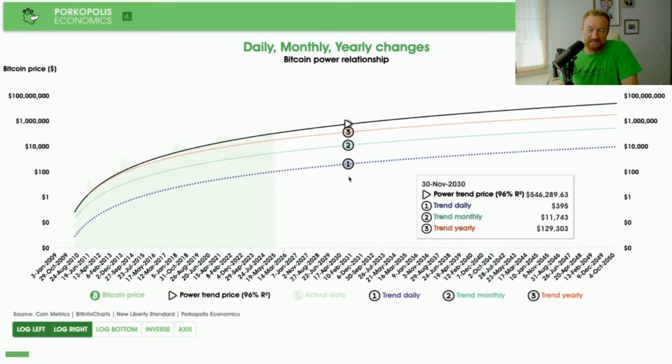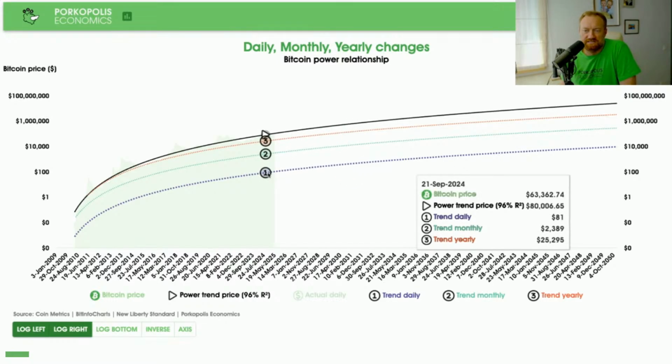Okay, so you look at that $550,000 trend line. Let's look at it back to December 2039. It's going to be $130,000 lower, roughly. And yes, it is $420,000. So this is how it looks.